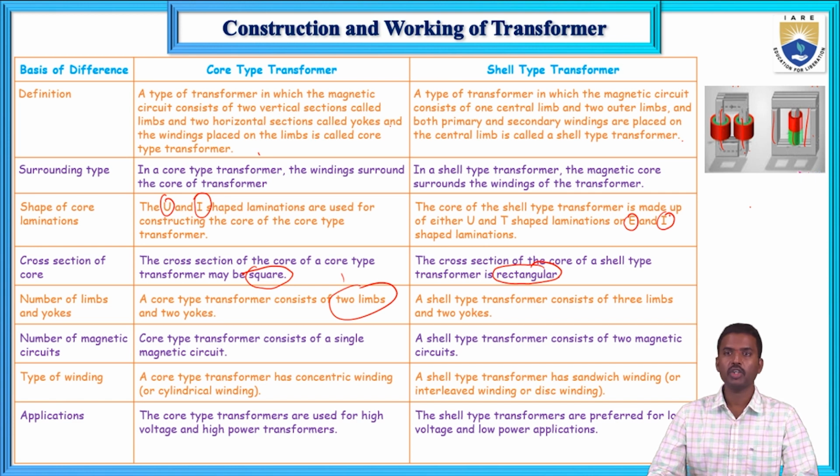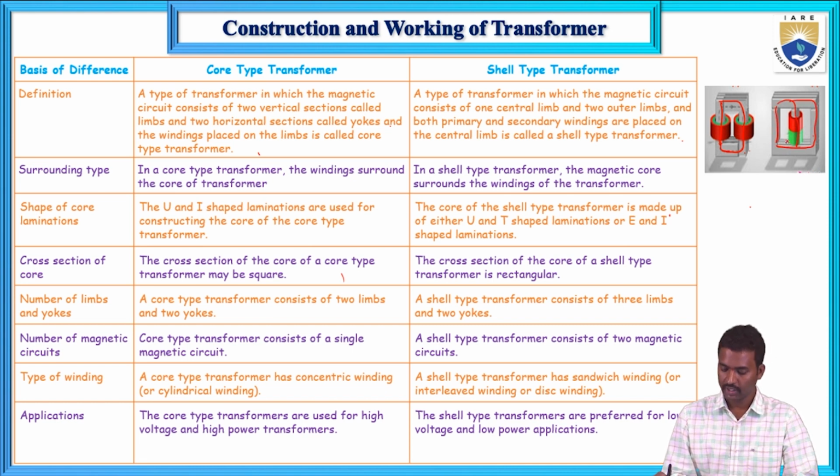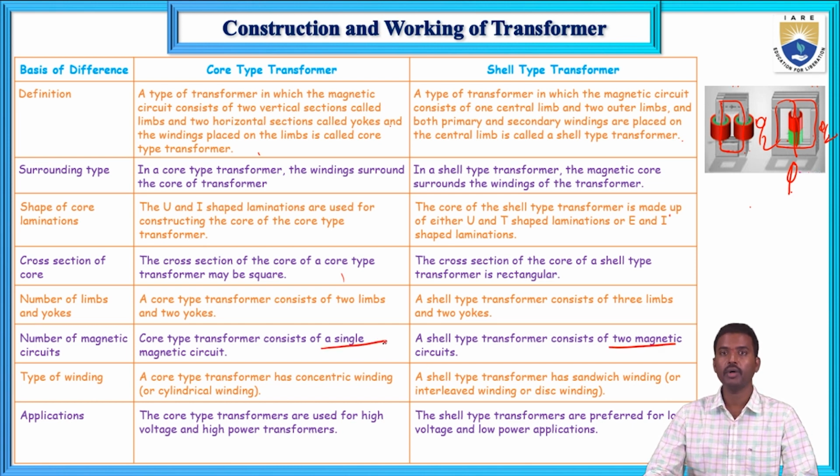Next, the core type transformer has a single magnetic circuit, but here we have 2 magnetic paths: this is 5 by 2, this is 5 by 2, and this is the 5.